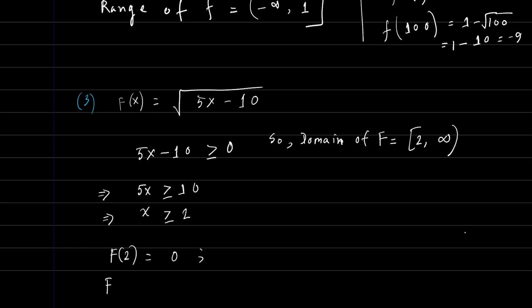And if we take f of, let's say, 10, this gives 50 minus 10, which is 40, square root of 40, which is a positive number. Range of f is going to be from 0 to positive infinity. So 0 is included and we can never reach infinity. Okay, let's move on to the next problem.